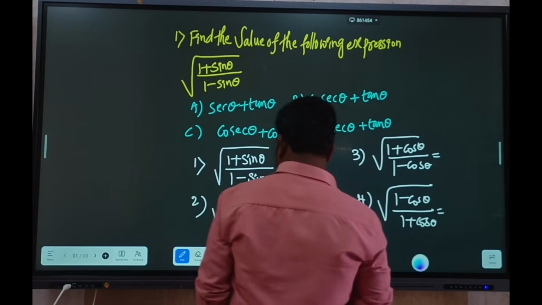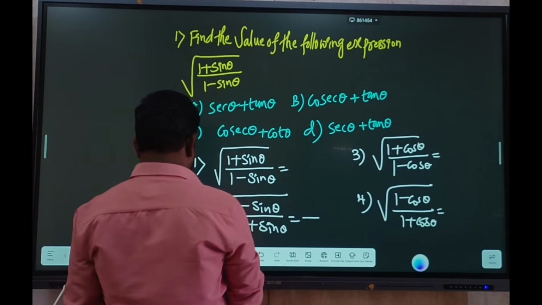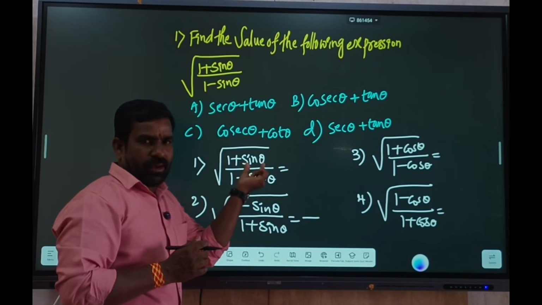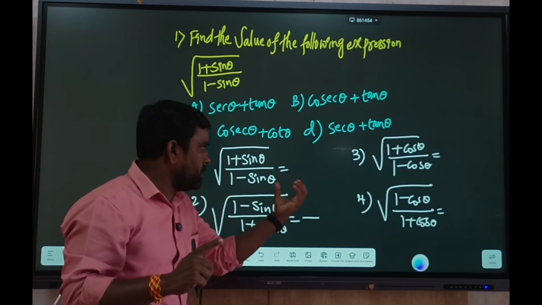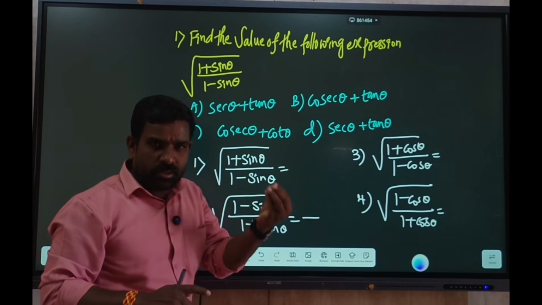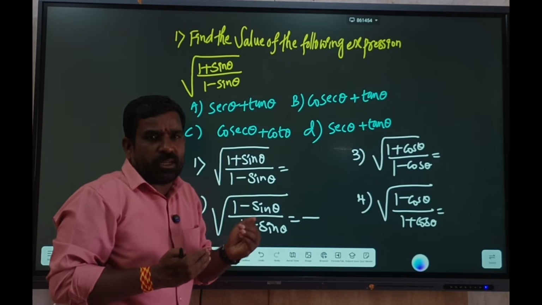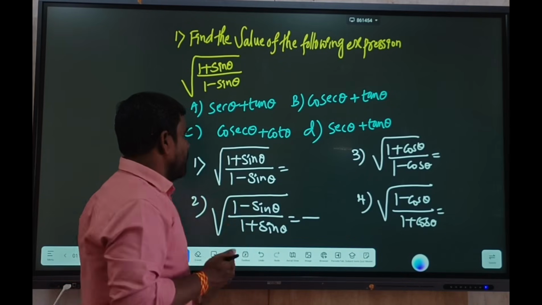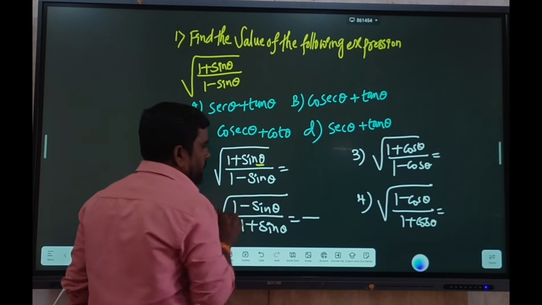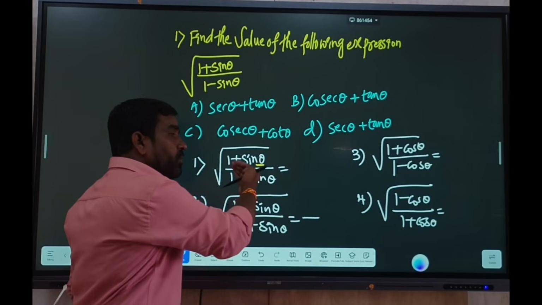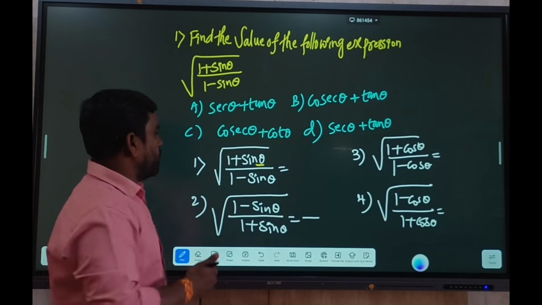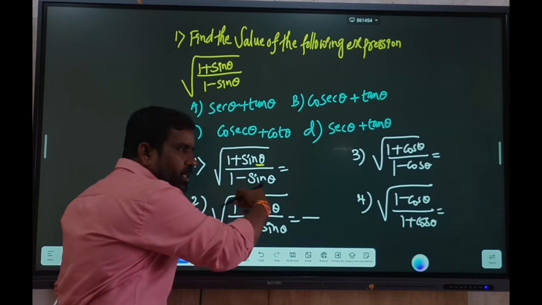Observe, very important: this type of question is asked many times in any competitive exam. Use the shortcut method, the smart way. When sin theta is given, divide by cos theta. Suppose cos theta is given, then divide by sin theta.